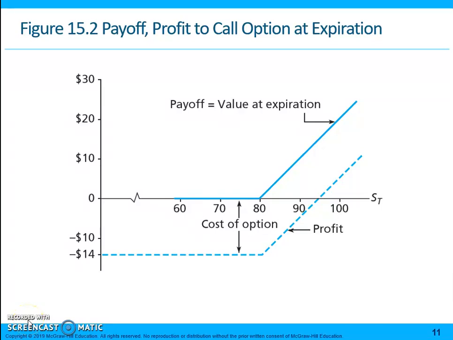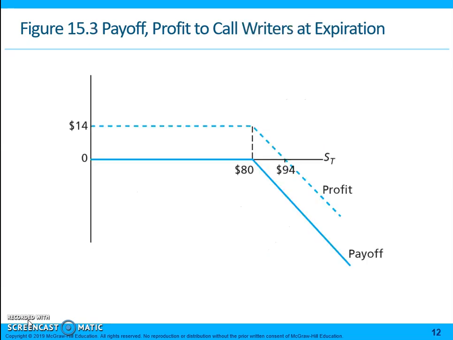Okay, in the previous lecture, we looked at a call option from the perspective of the buyer. Now we're going to go to the next slide and look at it from the perspective of the writer. When we draw the payoff and profit for a call written, we rotate the graph on the axis.